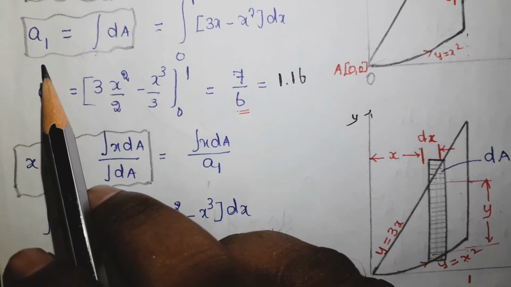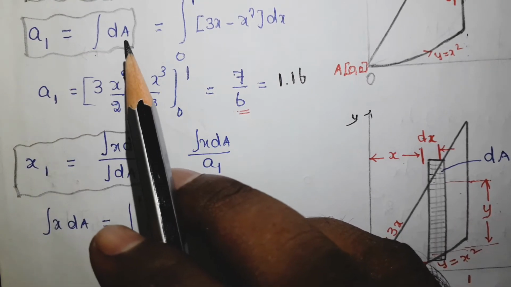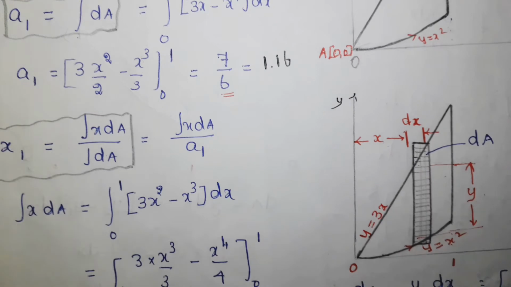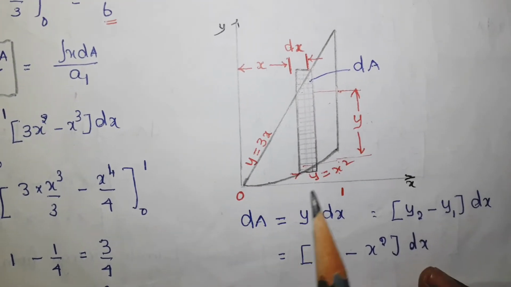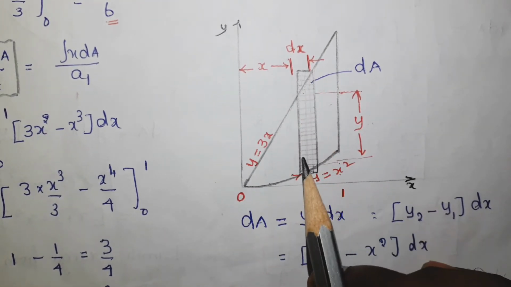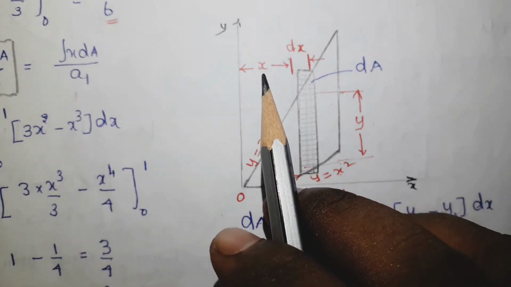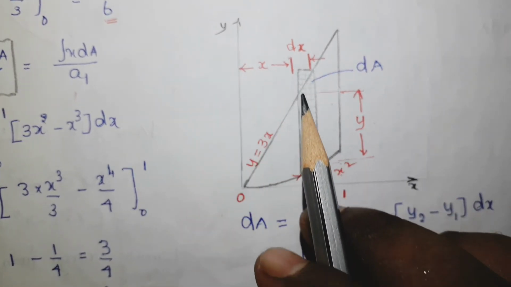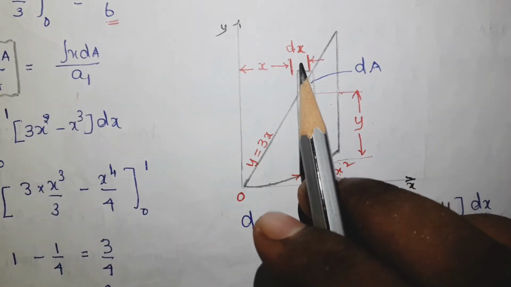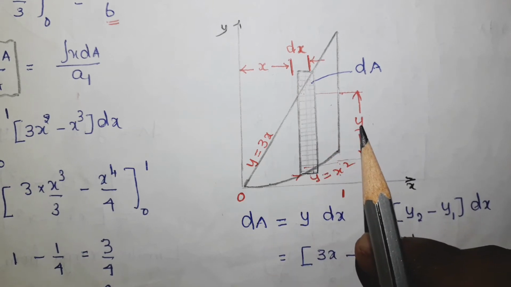Now the first variable is A1 equal to the integration of dA. Now I need to find the dA. For that I am going to choose a small elemental area like this, which is located at a distance x from the y axis. Now the dimensions are: the width is equal to dx and the height is equal to y.